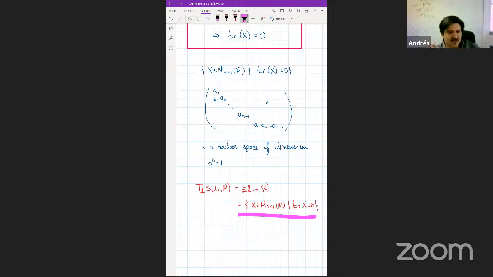And so I don't know if tomorrow or maybe next week we will see the same for O(n): what type of matrices is the Lie algebra, and continue studying Lie algebras of this type of matrix groups.